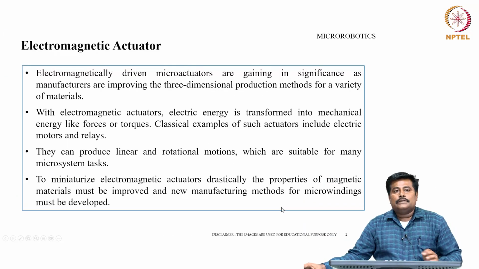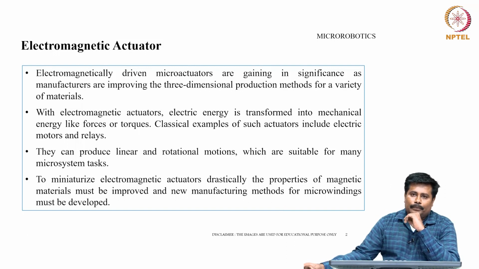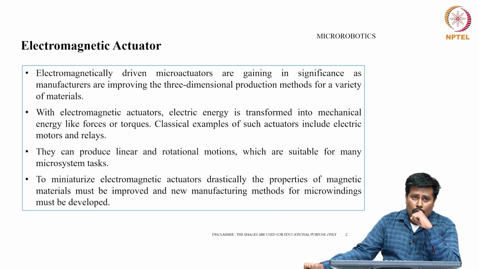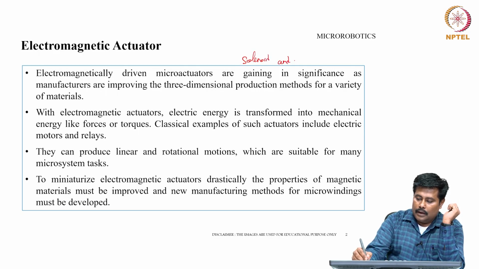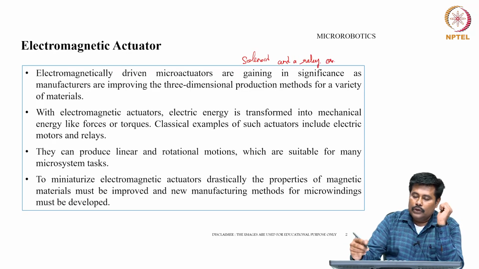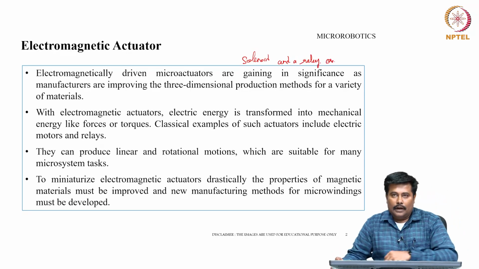Now first let us talk about the electromagnetic actuator. As far as magnets are concerned, most of us are aware of the overall fundamentals of the magnet. Now from an electromagnetic point of view, in robotic applications, we have observed that a solenoid and a relay are efficiently used for different robotic related applications.